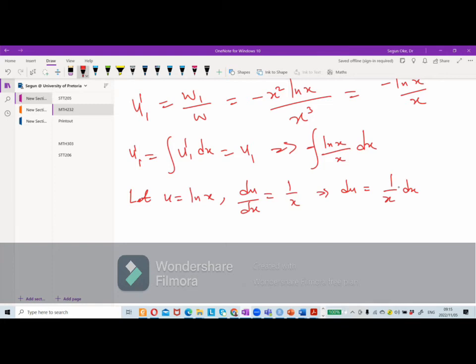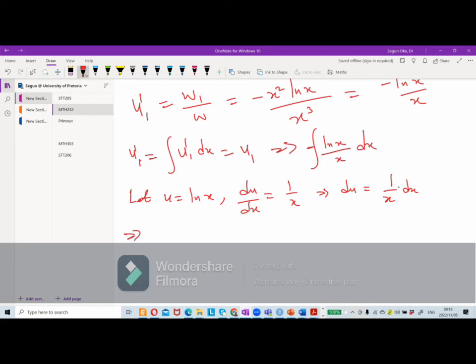So in this case now, what is the u? We can go back to the equation. How do I solve this one from here? What is the dx? Anybody?